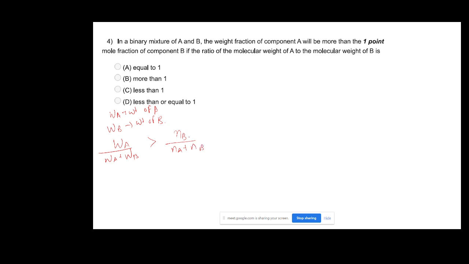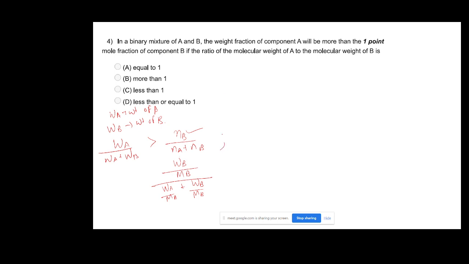Here N represents the moles of any species, like this is the moles of B and this is the moles of A. Now if we want to simplify, moles of B is nothing but WB divided by molecular weight of B, which is MB, divided by total, WA by MA plus WB by MB.